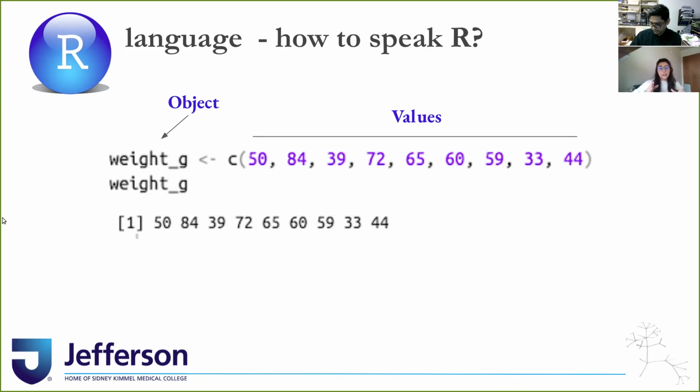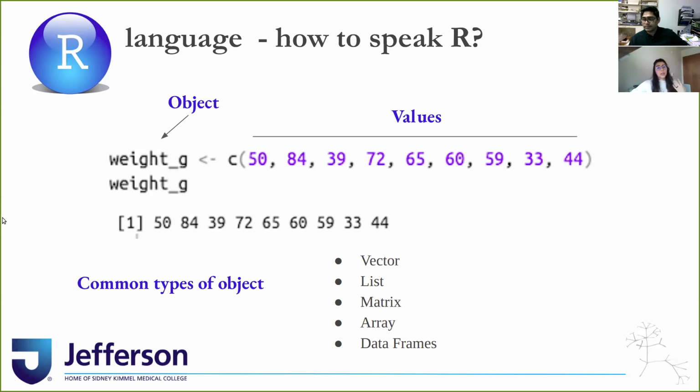Like in this case, your object would be weight in grams. And this drawer will contain all the information, which in this case will be the measurements. So if in R you do Control Enter, you can create your first object. And each time that you enter weight in grams, you will have this information available.